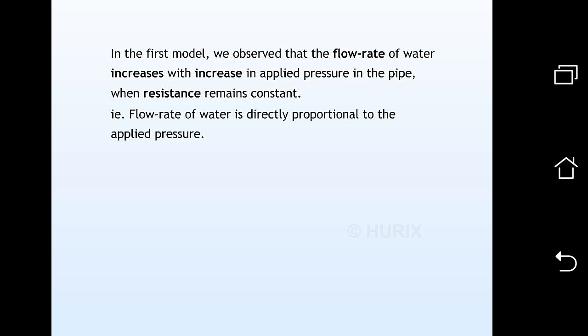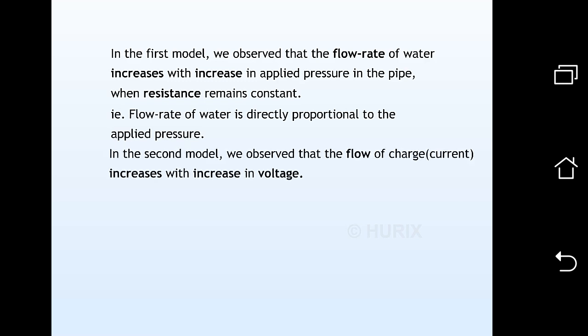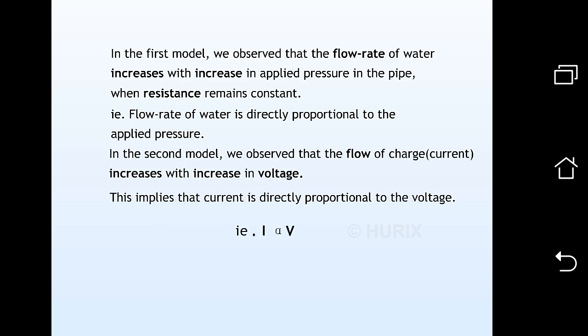That is, flow rate of water is directly proportional to the applied pressure. In the second model, we observed that the flow of charge or current increases with increase in voltage. This implies that current is directly proportional to the voltage. That is, I is proportional to V.